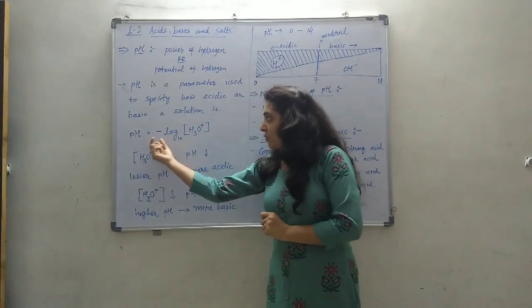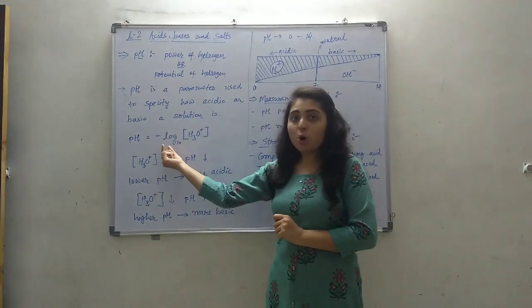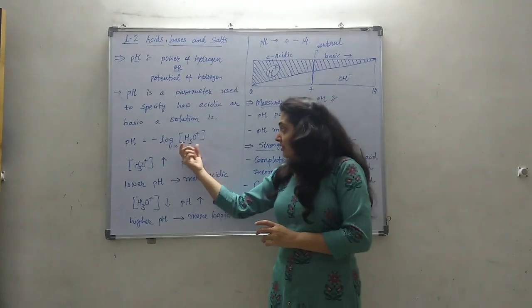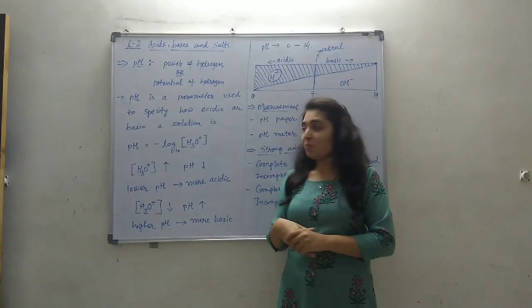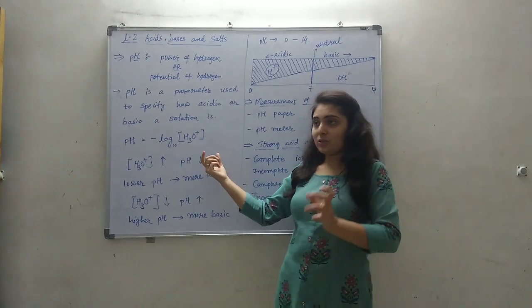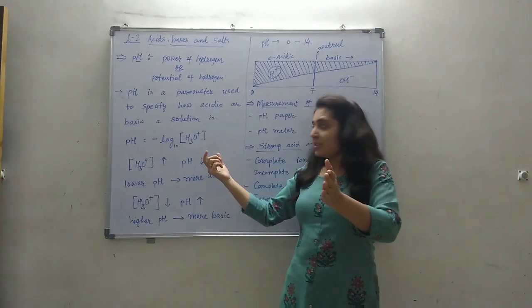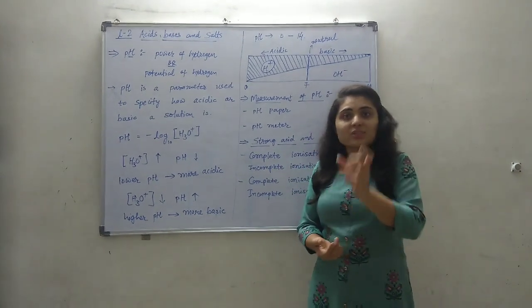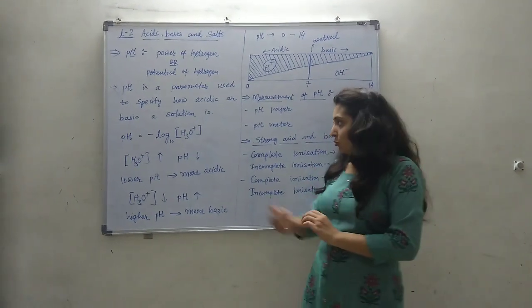The formula for pH is the negative log of H3O plus. The square bracket around H3O plus represents the concentration of H3O plus. So acidic nature is only and only determined by the concentration, that means the amount of H plus ion in a solution.